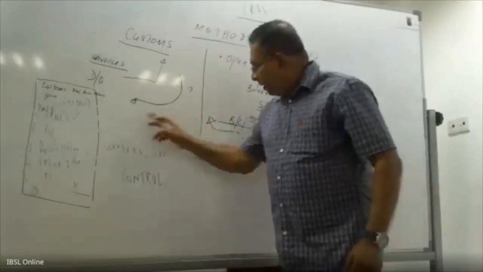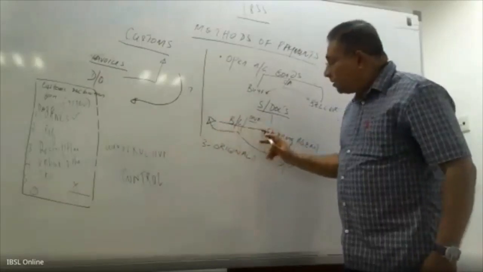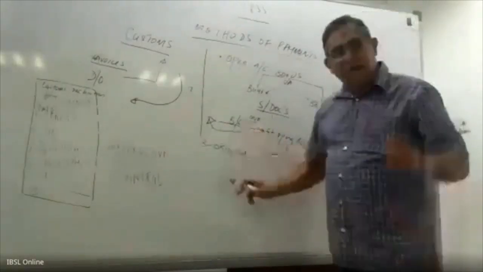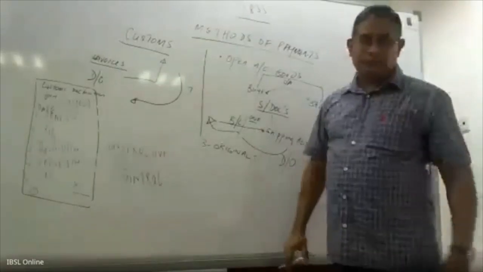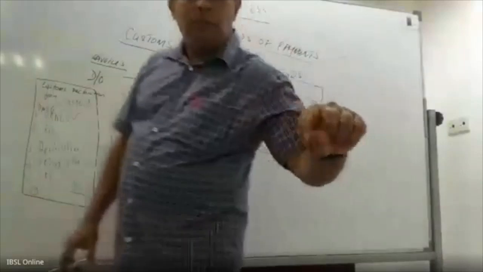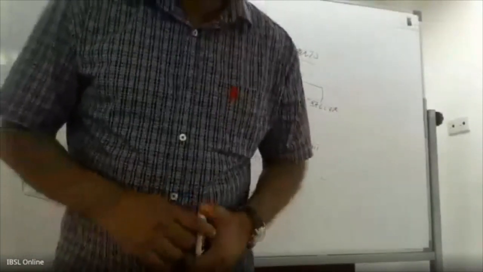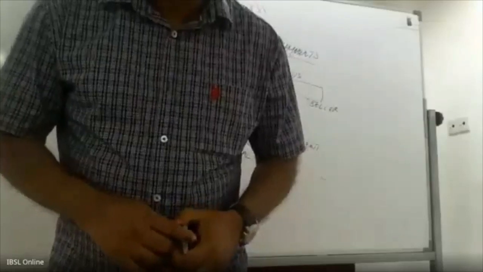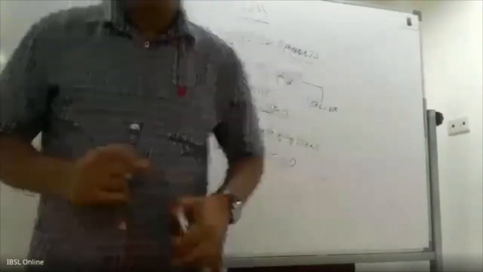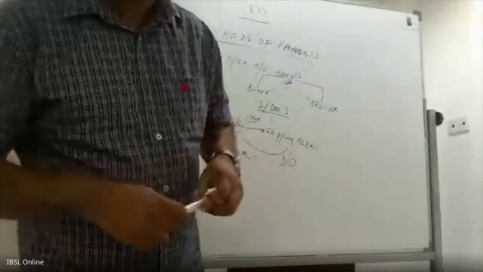That is why the buyer need not worry about surrendering the full set to the shipping agent. He has to surrender one original only. Now coming back to Dhanush Pera, are you clear on that? I'm waiting for his response.